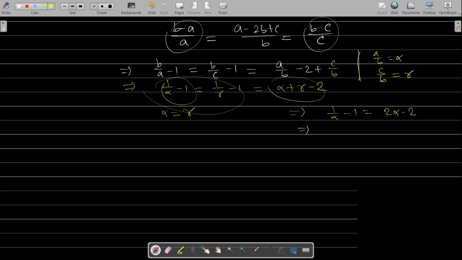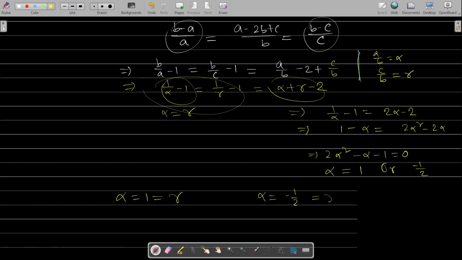If we proceed, we have 1 minus alpha is 2 alpha squared minus 2 alpha. It's 2 alpha squared minus alpha minus 1 equal to 0. If one solves this, they find that alpha is 1 or minus half. So we have two options: alpha is 1 equal to gamma, or alpha is minus half equal to gamma.